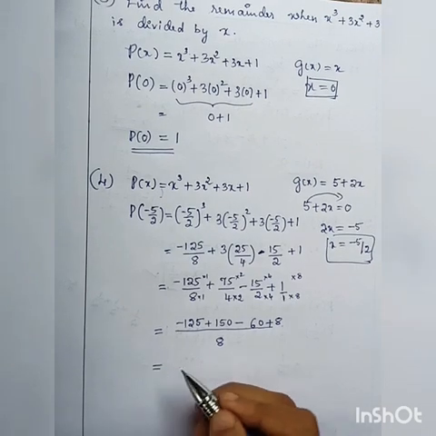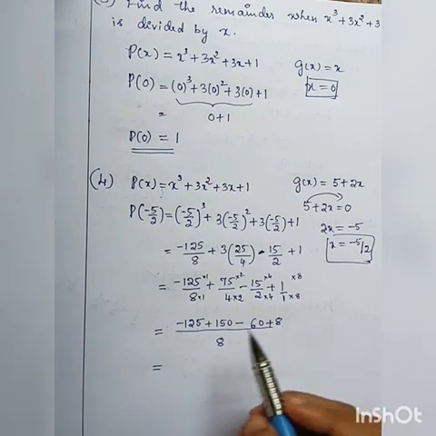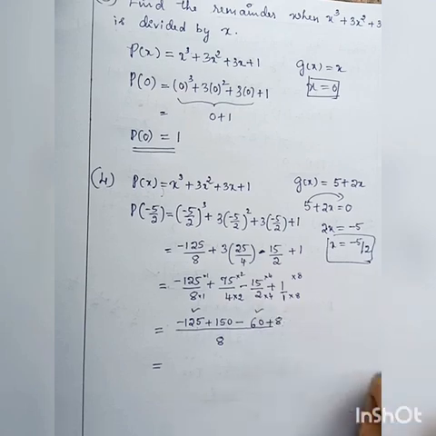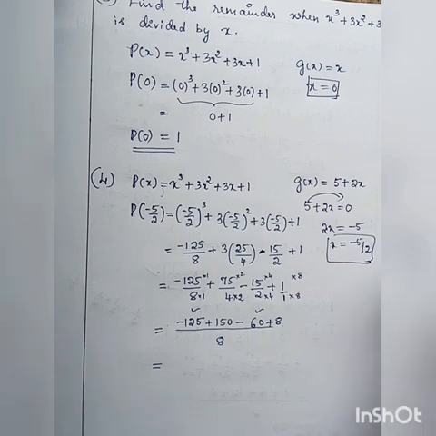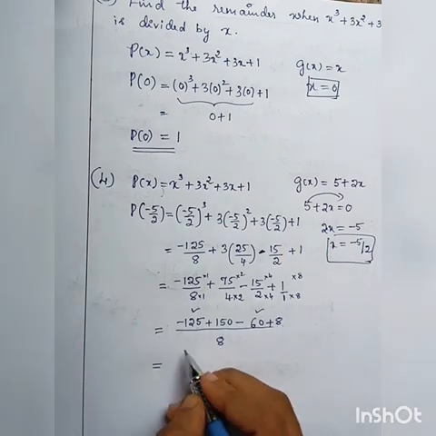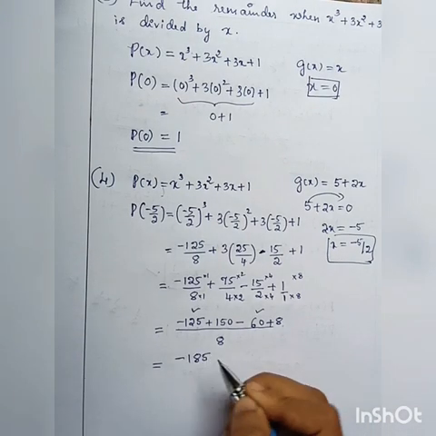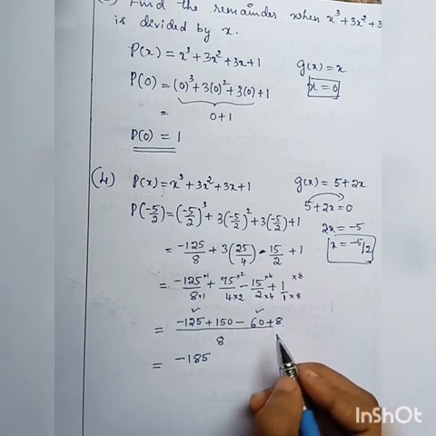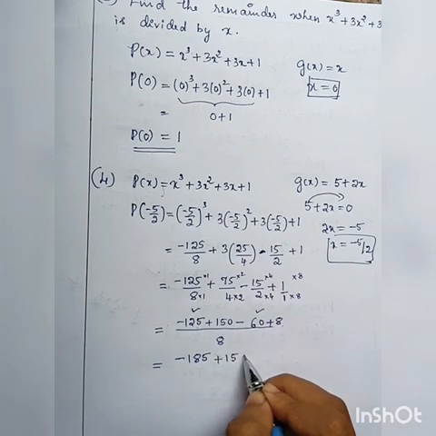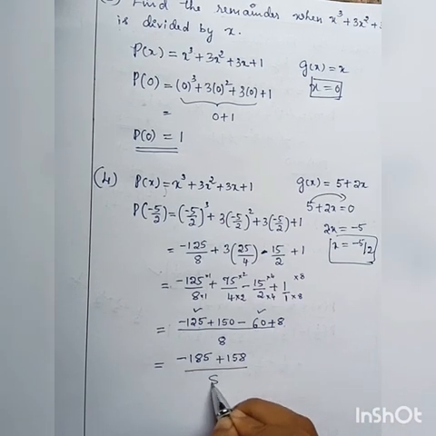So subtract now. If minus and minus signs come, we have to add the numbers and write a minus sign. So minus 125 minus 60 means minus 185, correct? So it's minus 185. Here plus means 150 plus 8 is plus 158 divided by 8.